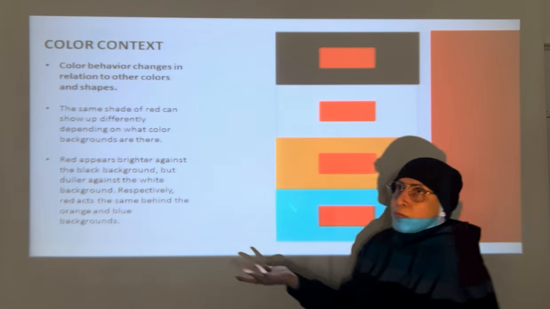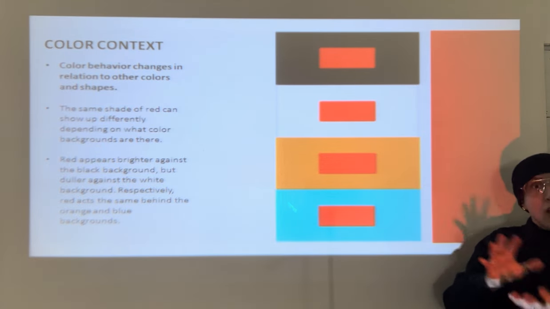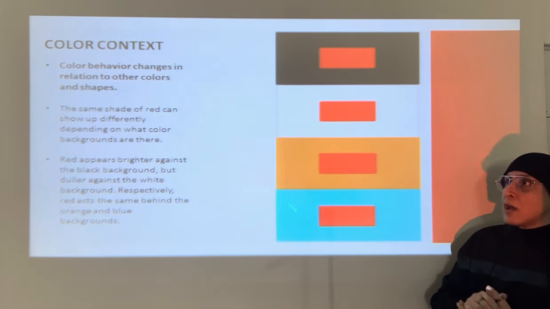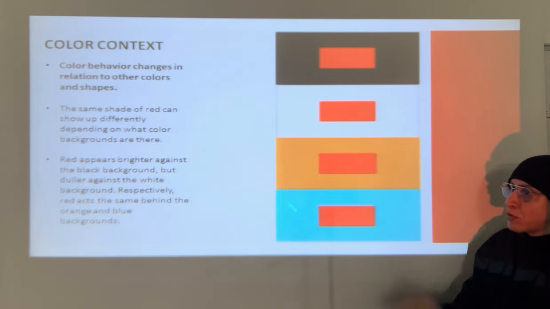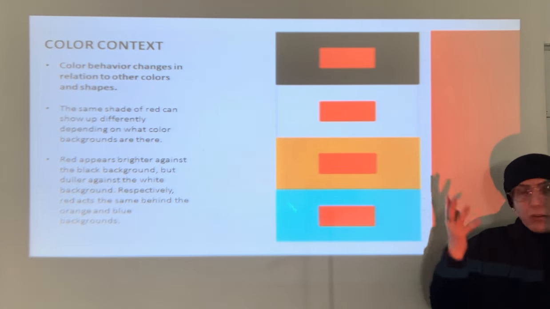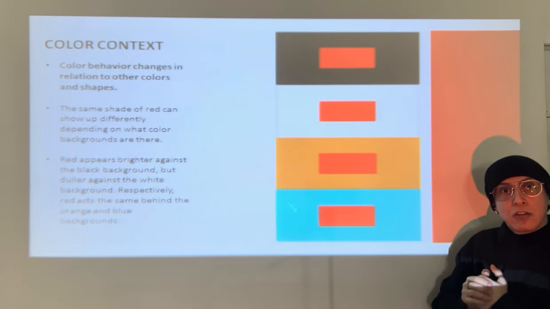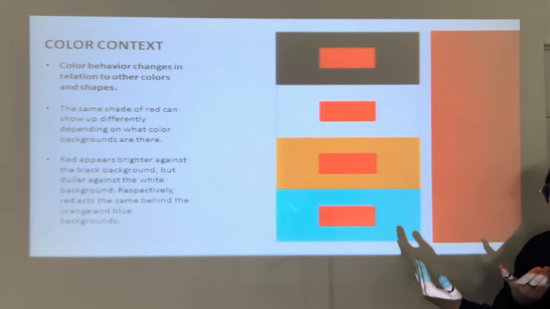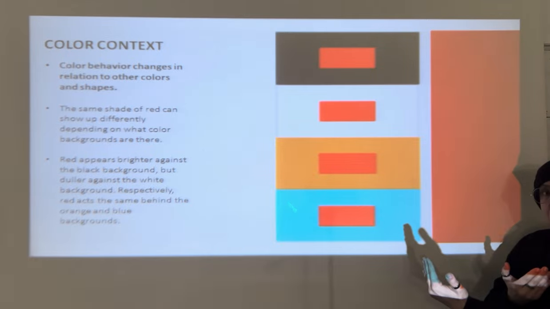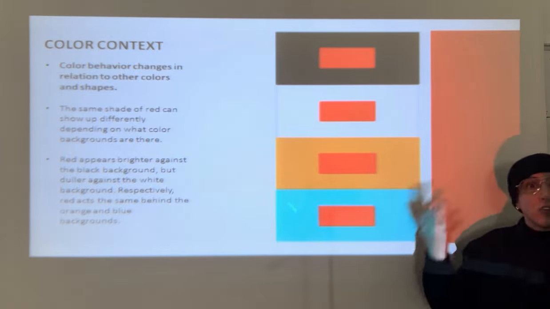This is very important because in many designs you have one color next to another color, or for example, a background color of a poster, and on top you have text, for example, or another color, a shape with another color. So how will these colors interact with each other and what do you see in the end? If you choose the wrong combinations, you might end up with results you don't want.